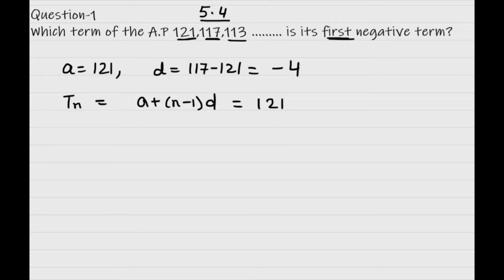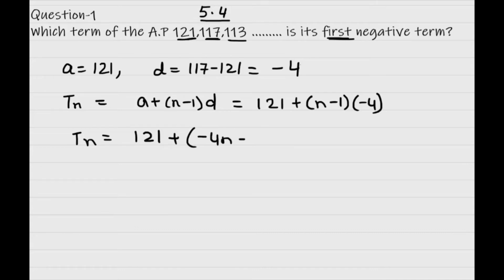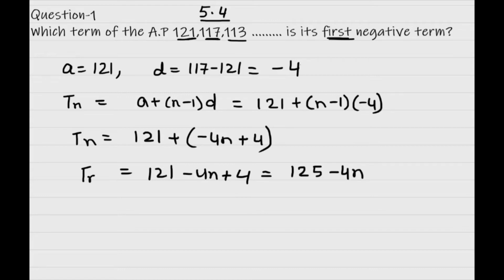Your D is minus 4. Okay. So you will be putting the values of A and D. So Tn will be equal to 121 plus minus 4n plus 4. Now see, this will become 121 minus 4n plus 4, that will be equal to 125 minus 4n, and this is equal to your Tn.